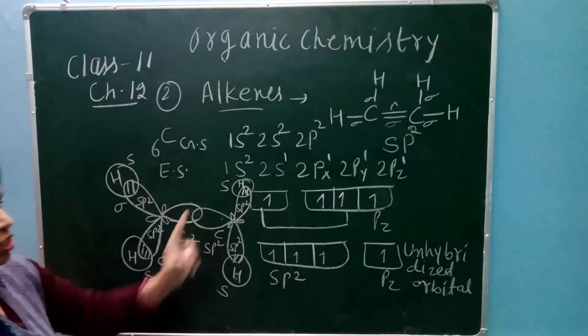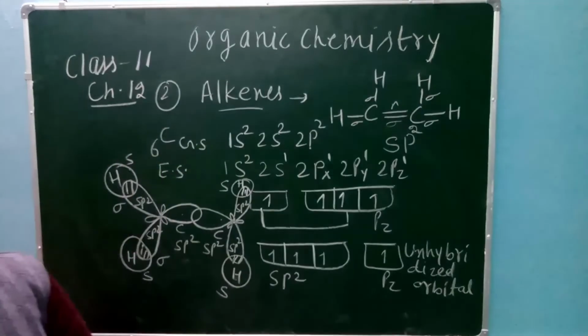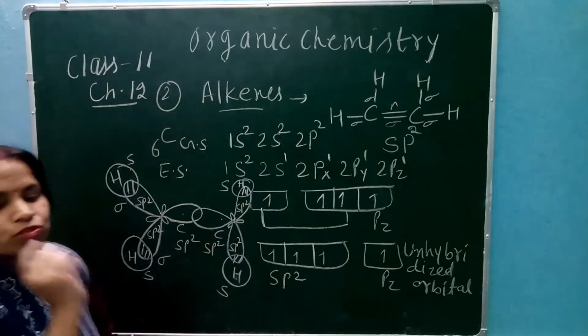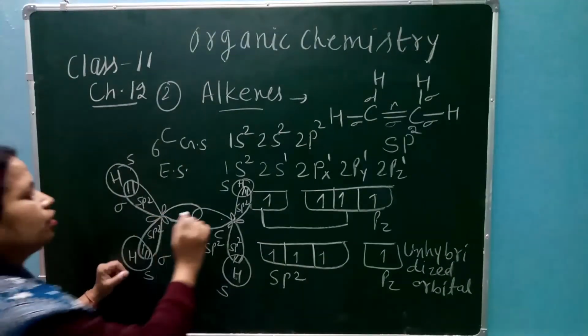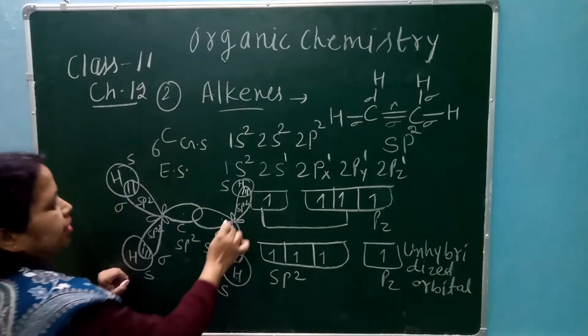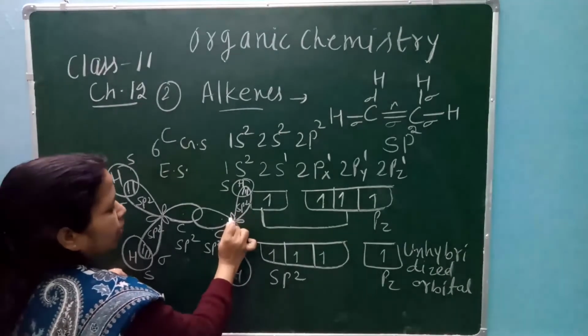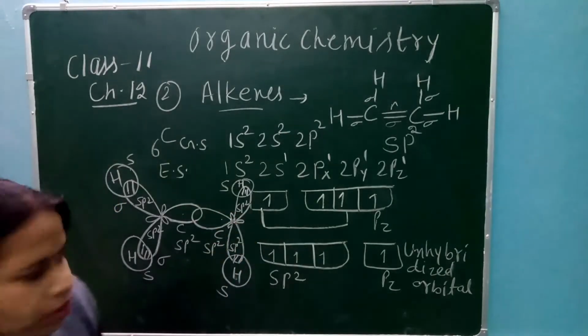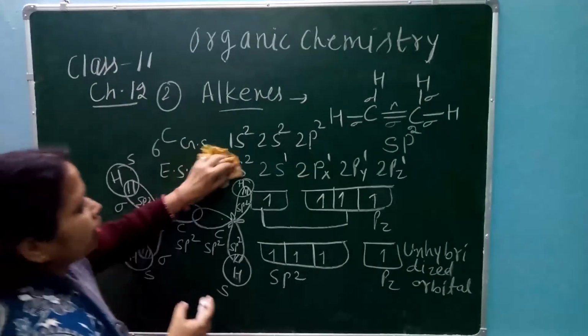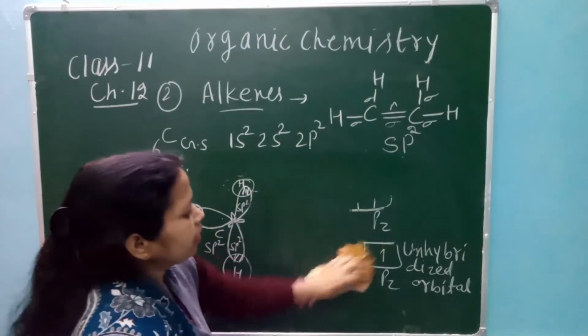Okay, you can see 1, 2 and sp2. Now the pz orbital, the unhybridized pz orbital, is also present here. So there is one p orbital which is unhybridized. You can make one p orbital here. How to draw one p orbital?